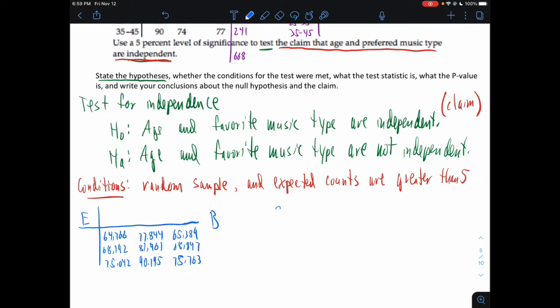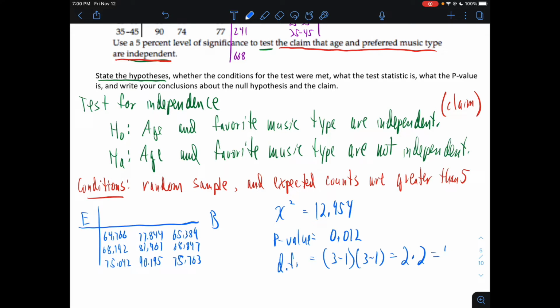So chi squared, 12.954. P-value is 0.012, and then degrees of freedom. Again, it would be row minus 1 times column minus 1, but that's 2 times 2, and that's 4.